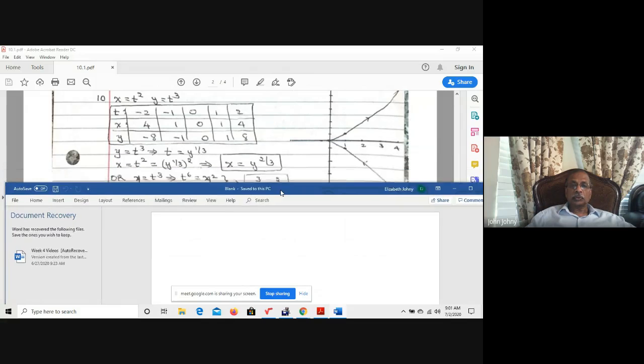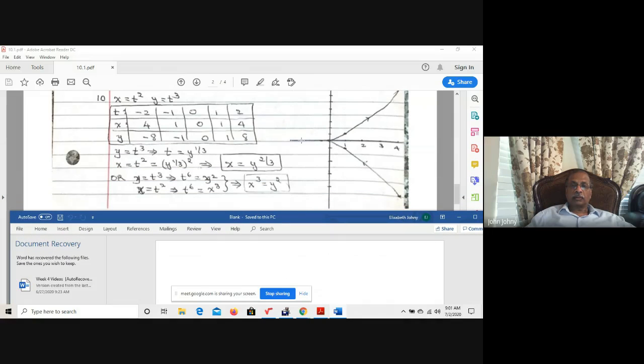And now you draw this on the xy plane. On the x-axis, x varies from 0 to 4. I have marked only up to 4. And then y varies from negative 8 to positive 8. And so when t is equal to negative 2, x is equal to 4, y is negative 8.